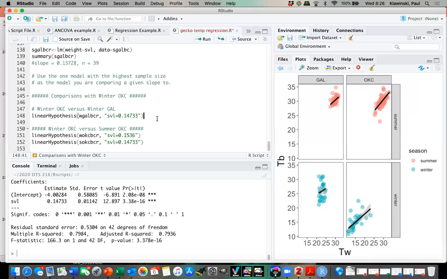Actually, I should have moved this all over. Since you're comparing slopes, you have 2 populations in winter, 2 populations in summer. You have Oklahoma City and Galveston, and Oklahoma City and Galveston. You have whatever the slope values are.